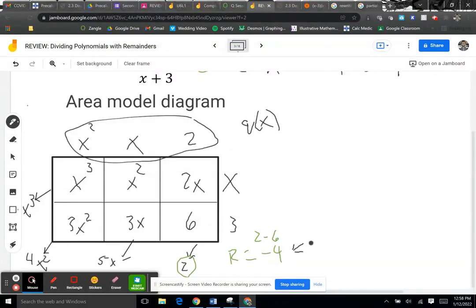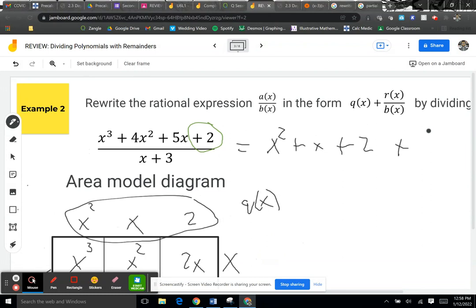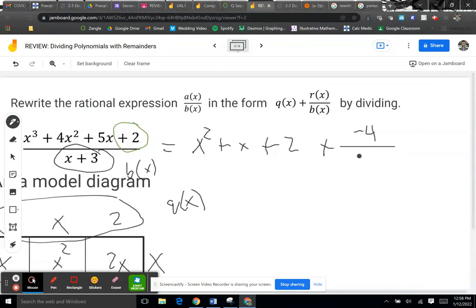This is our r of x. So negative 4 divided by b of x. This right here is b of x. It was our denominator, what we divided by initially. And we'll have x plus 3 right here. And we have now rewritten this successfully in this form.